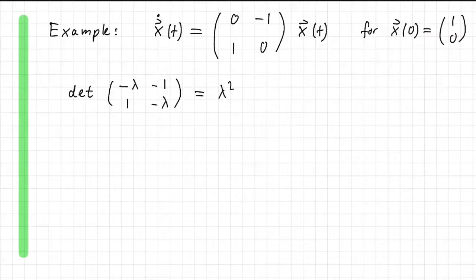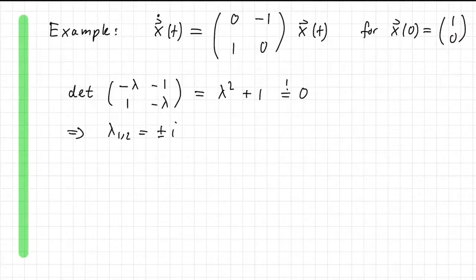And then we get here a plus 1 from the off diagonal minus 1 times 1. This has to be 0. And this means that our eigenvalues are lambda 1, 2 equals plus minus i, because the square of plus minus i is minus 1, and we have minus 1 plus 1 equals 0.